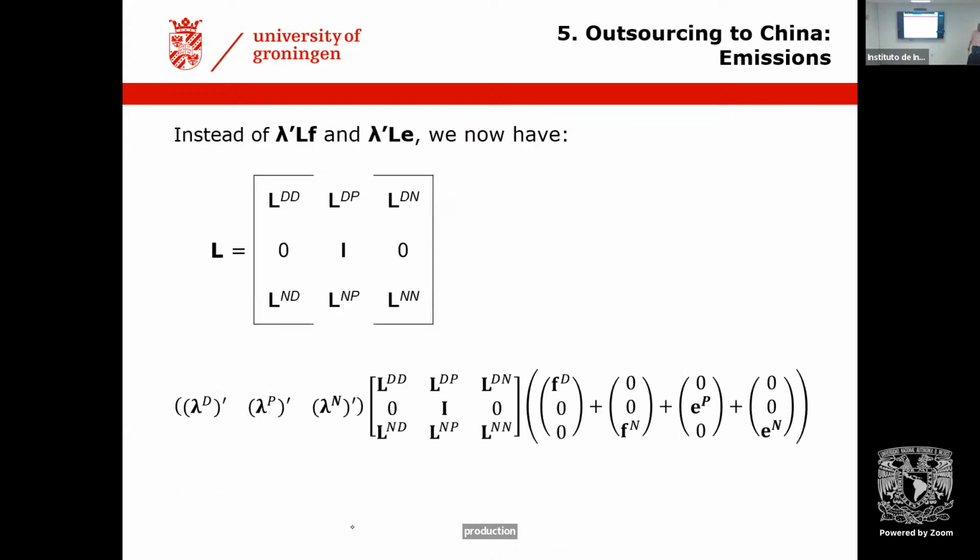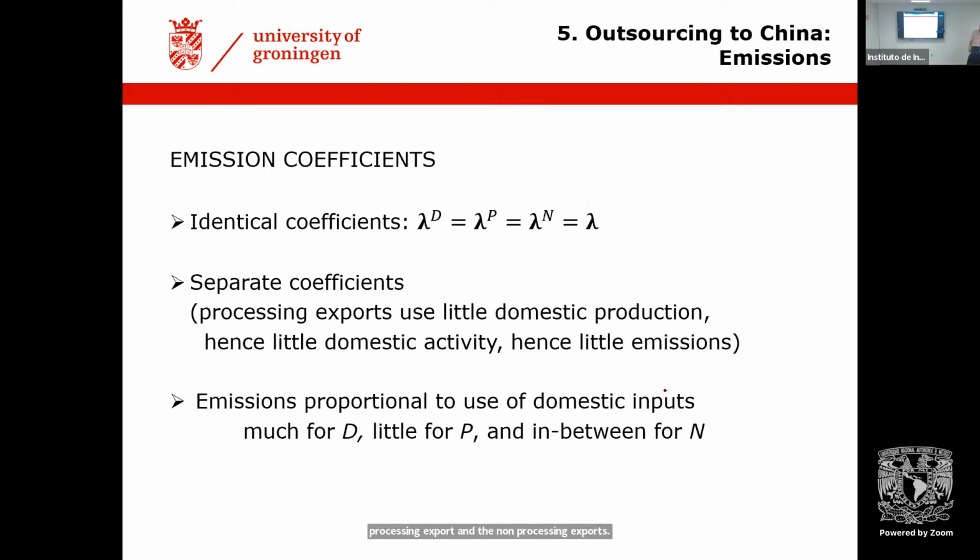We use the same table. And whereas we had lambda prime, Leontief inverse, final demand plus exports, we have here, so I can calculate the total amount of emissions, if I leave out this, total amount of emissions in China for only final demand for domestic use only, the non-processing export, sorry, the domestic use by this category, the processing export, and the non-processing exports.